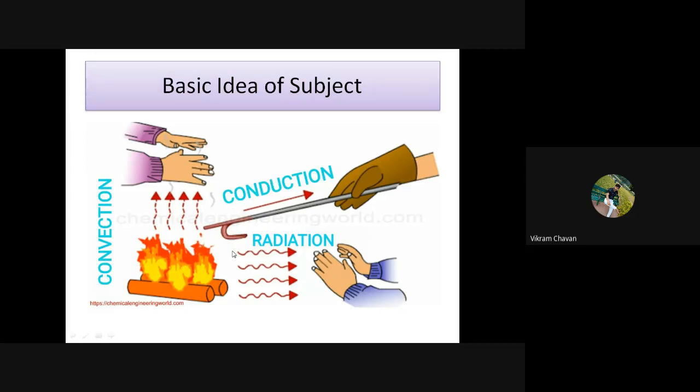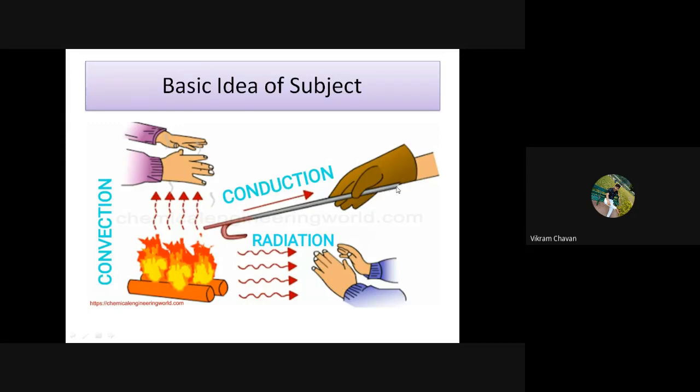Now consider the person who is holding one rod and keeping one end of that rod inside the fire. What will happen? The rod will get heated. This end of the rod will get heated, but after some time that person will feel the heat at the other end.